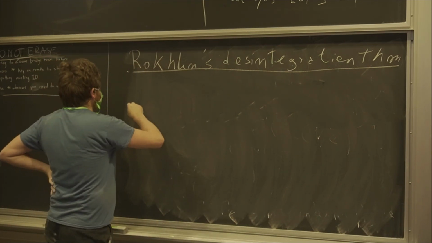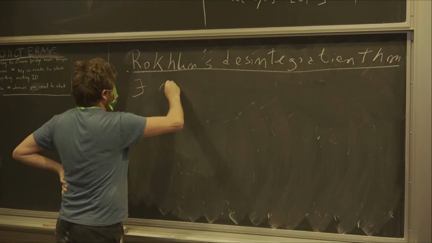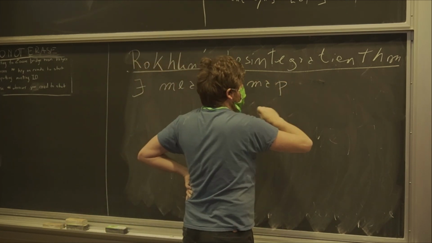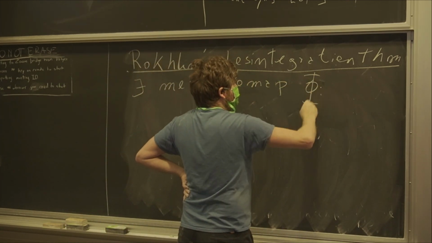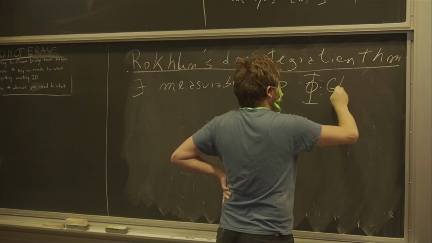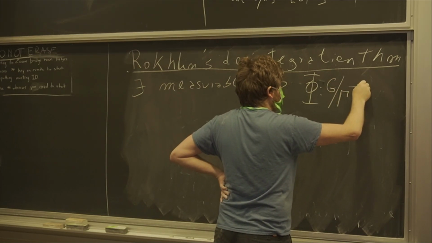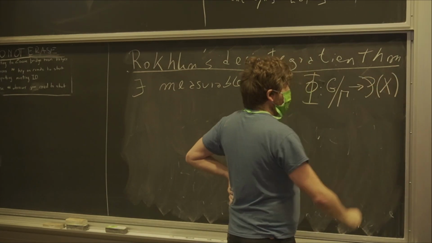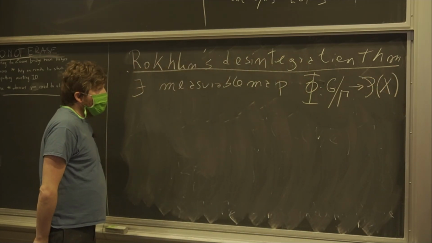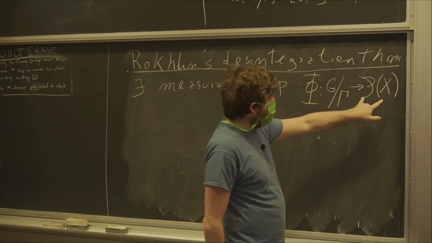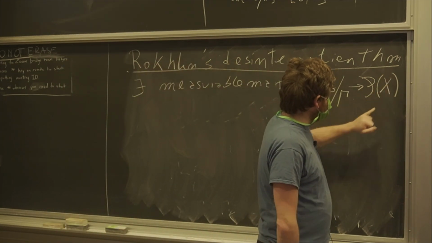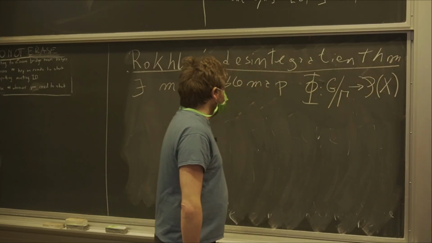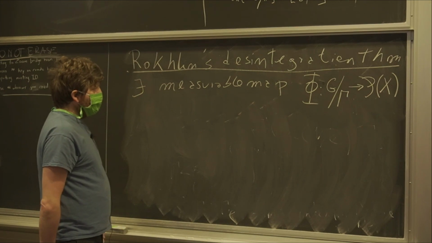It says the following: there exists a measurable map, let's call it phi, from G mod gamma into probability measures of X. Here I'm identifying this X with the fiber, which is X sub G mod gamma.